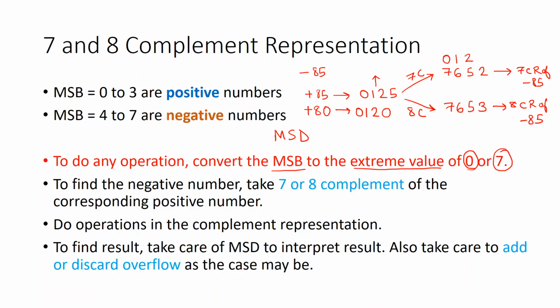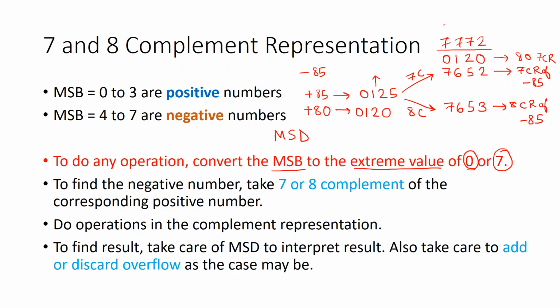So again, let me do it the opposite way here. What I am doing is 80 minus 85, right? So this is 80 and this is minus 85, 80 in 7 CR. Now I am adding, and this is what I am getting. Did I get any overflow? No, I did not get any overflow.